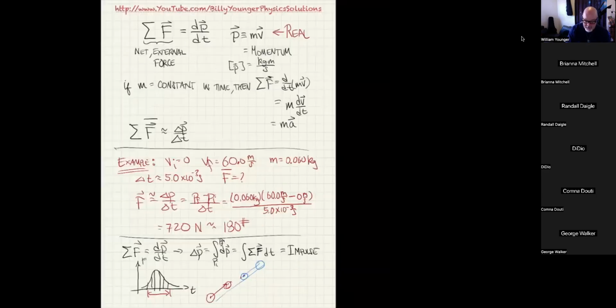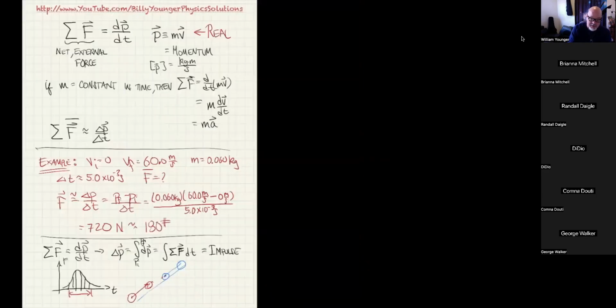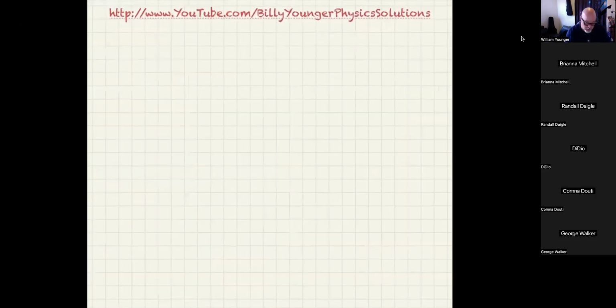Now, something else interesting about momentum is this. Newton's second law says specifically that the summation, actually I should do this in black, that the summation of the forces, in other words, the net external force, is equal to dp/dt.